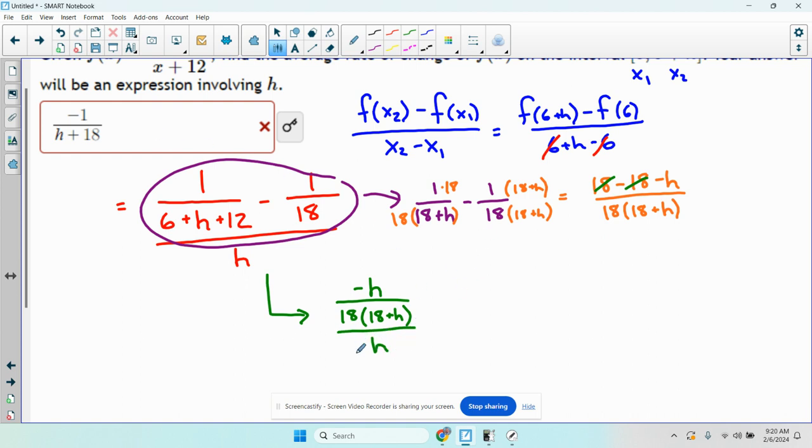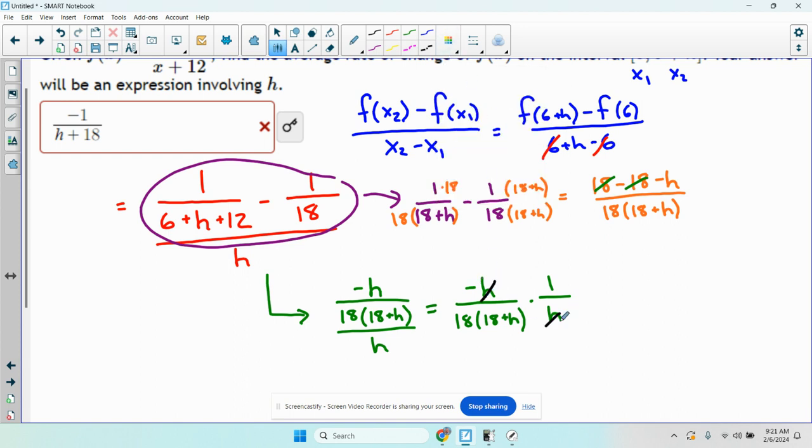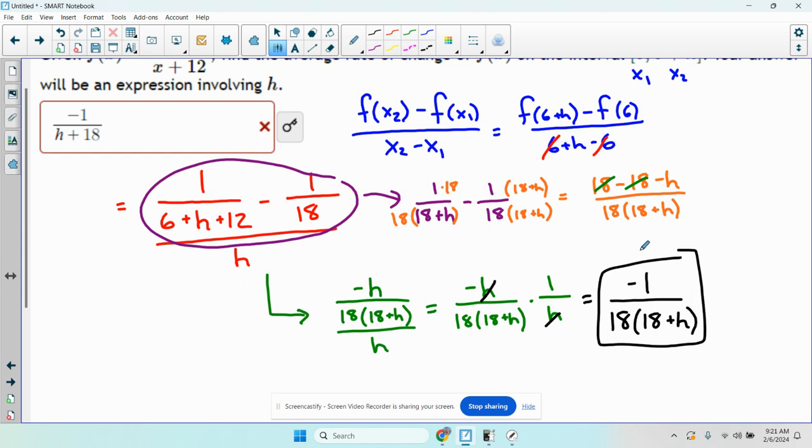Just like with the previous example, when I'm dividing by h, I can rewrite this as negative h over 18 times 18 plus h, times 1 over h. And lastly, this crosses out with that. So the whole thing is going to be negative 1 over 18 times the quantity 18 plus h.